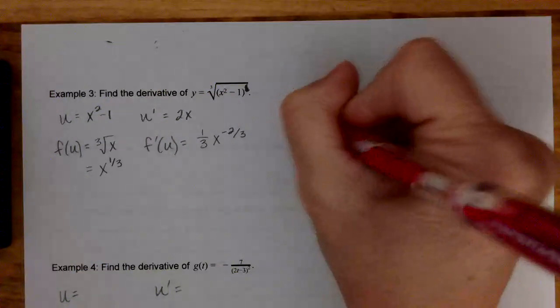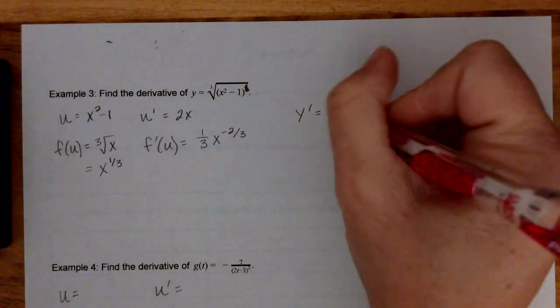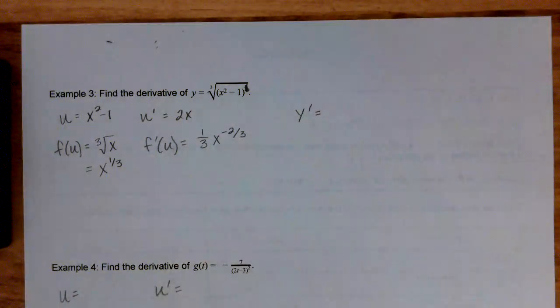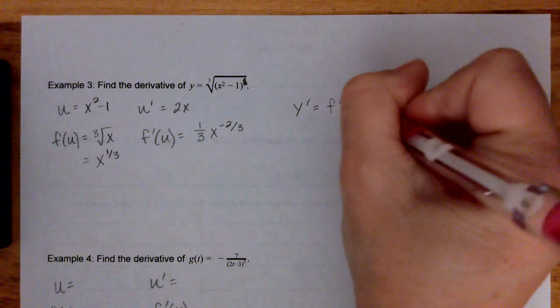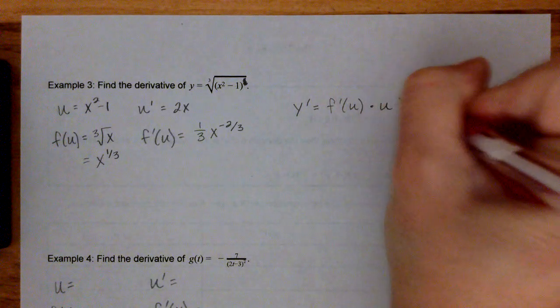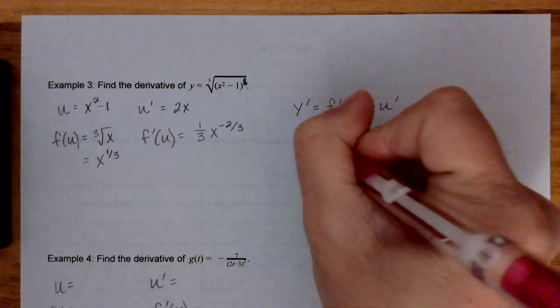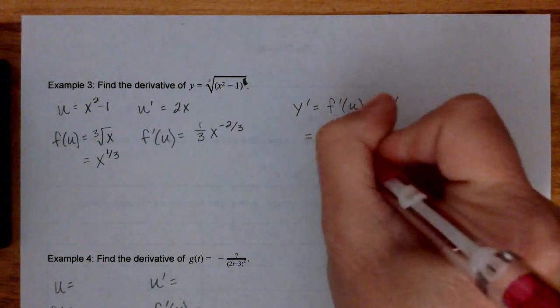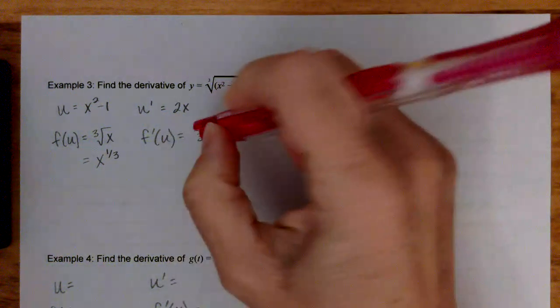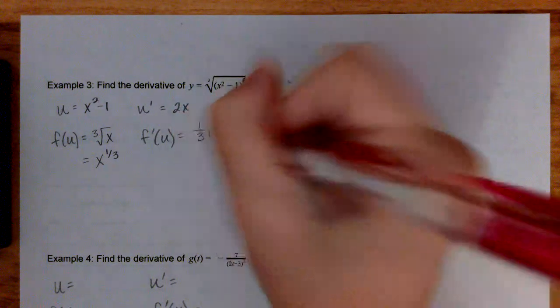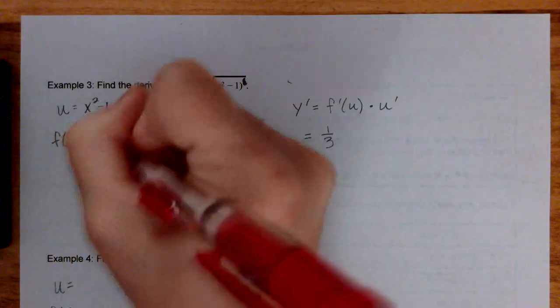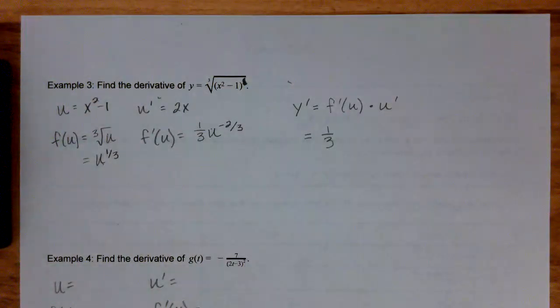So again, our y prime is going to be f prime of u times u prime. So substituting in, that's 1/3. This also should be a u. I apologize for that.